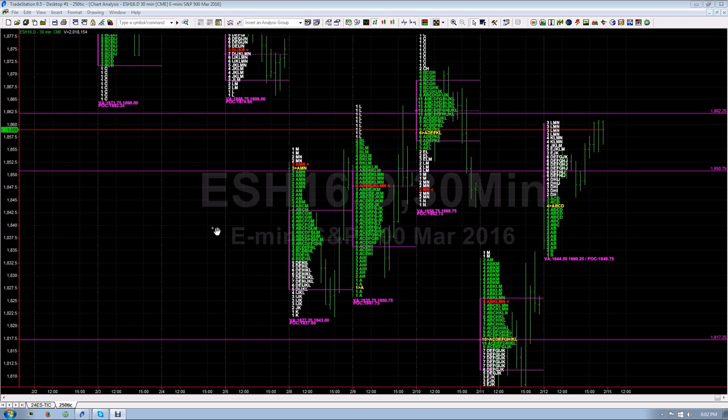And these rotations cross through price and build the market profile, the Gaussian distribution. And the importance of this is time.